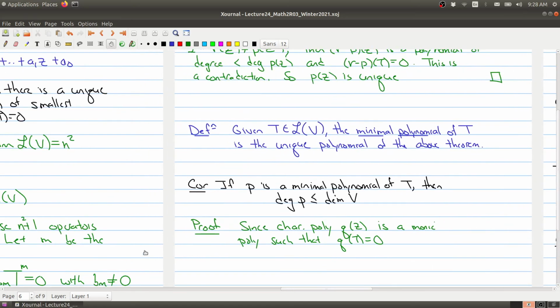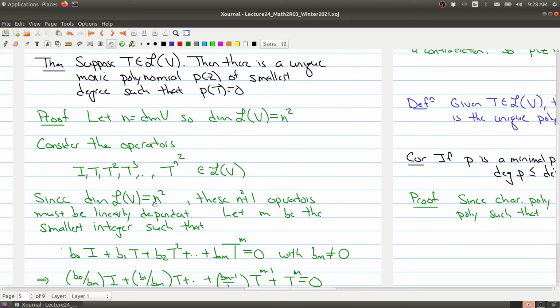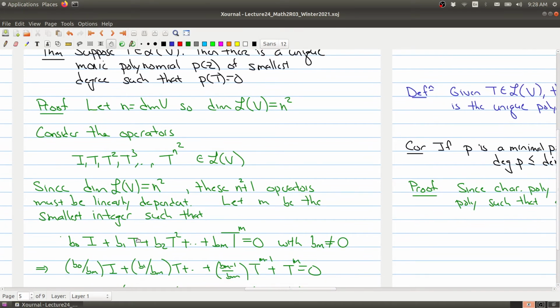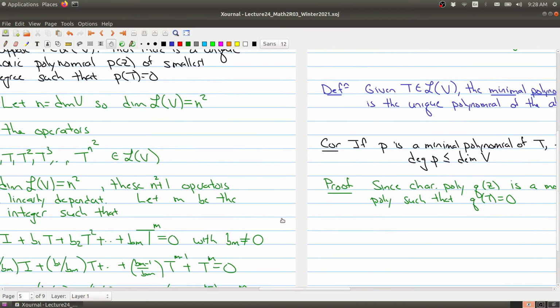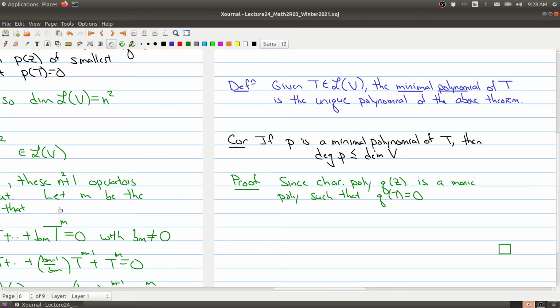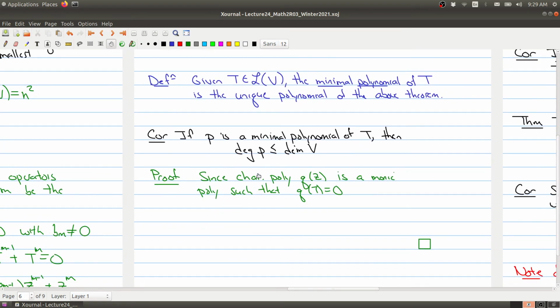Why is that amazing? If you go back to the way we cooked up p, we took n squared plus 1 elements, and we know there has to be some linear combination of these. So in theory, it could have been that m is equal to n squared, going all the way out to the highest power possible. But in fact, you only need to go up to the dimension. The reason is the Cayley-Hamilton theorem.